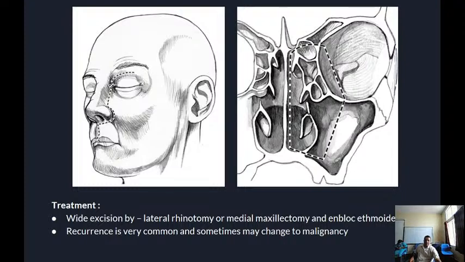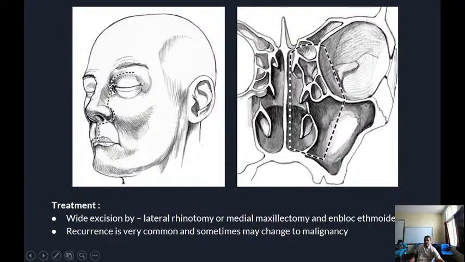Now the treatment is a little more aggressive than for the regular papillomas, because it has a tendency to infiltrate into the tissues and behave as if it's a malignant tumor. So the treatment is a wide excision by a lateral rhinotomy.